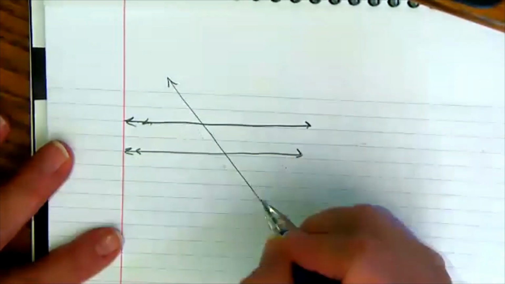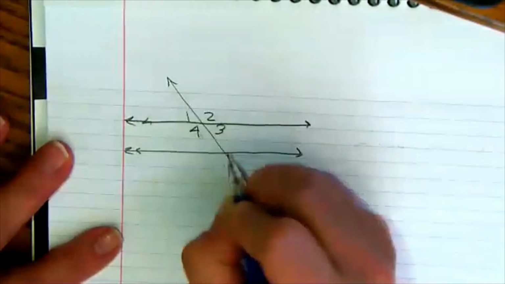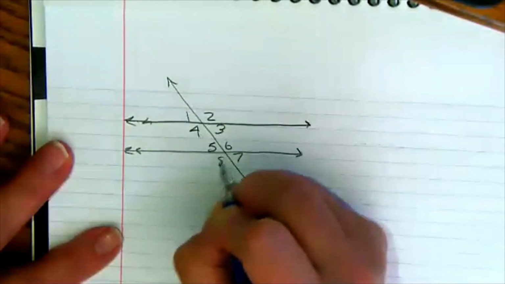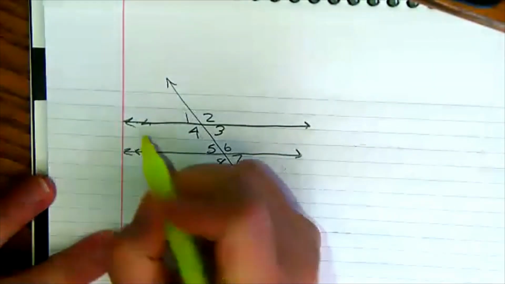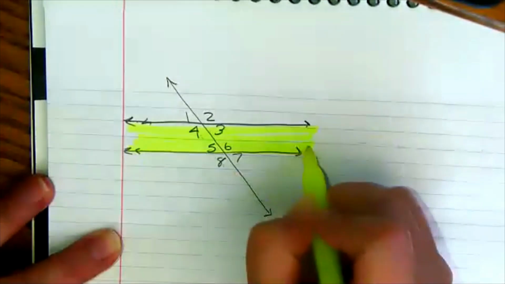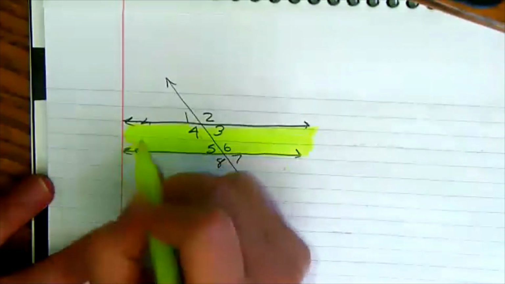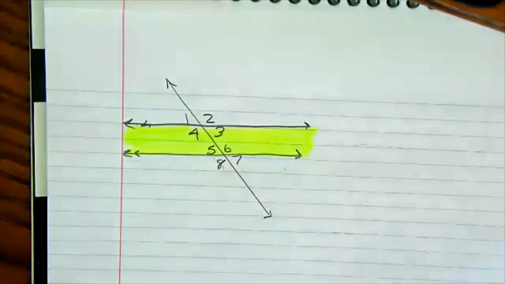Our parallel lines with our transversal. 1, 2, 3, 4, 5, 6, 7, 8. Okay, I want you to take a look in between the parallel lines. This is the river in between the parallel lines.